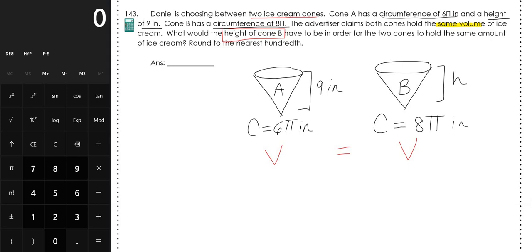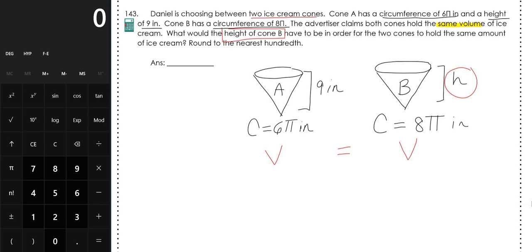Now, this is one of these problems where you have to work backwards. We're trying to solve for a height. We're talking about volume. We probably can get the volume, and we have to work backwards to get the height. The issue is we don't have enough information for cone B to get the volume, but we do have enough information from cone A to get the volume.